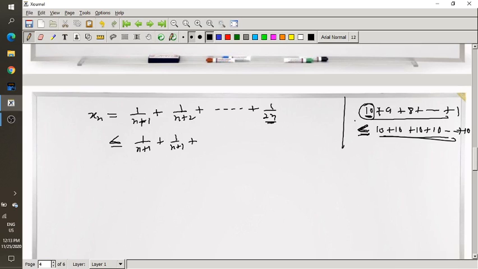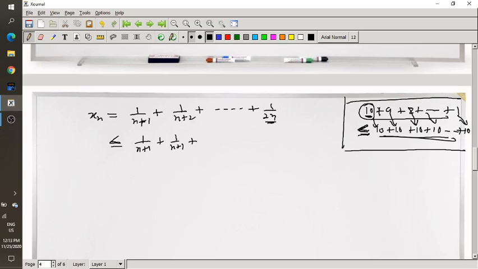Please observe carefully what I have explained here. I have written 10 plus 9 plus 8 and so on up to 1. Now I replace all the terms by 10. Instead of 9 I am writing 10. Instead of 8 I am writing 10. Instead of 7 I am writing 10. And instead of 1 I am writing 10.